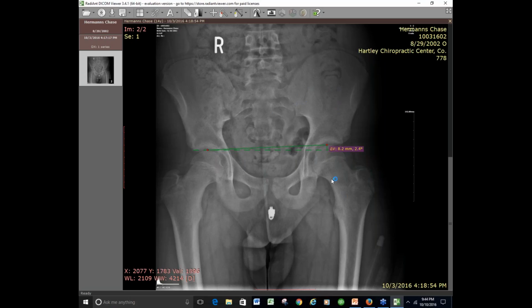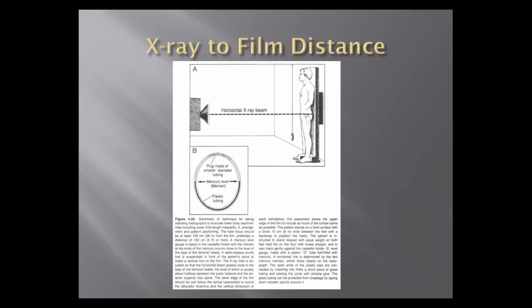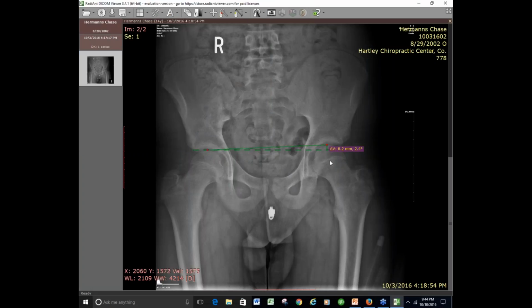And that's when we go back to our friend Travell. Go back to her real quick. That's where, when she says at least 39 inches, because what happens when you get too close and you have a decent amount of difference between the two, you end up amplifying the difference.